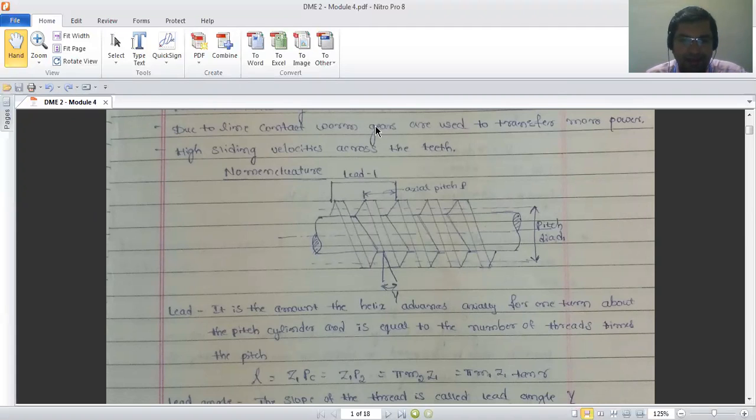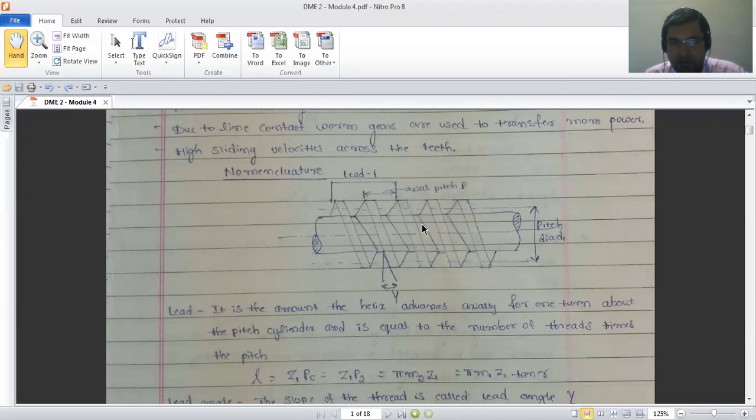First one, lead. It is the amount the helix advances axially for one turn about the pitch cylinder and is equal to the number of threads times the pitch. So here in the figure, lead is shown from this point to this point.